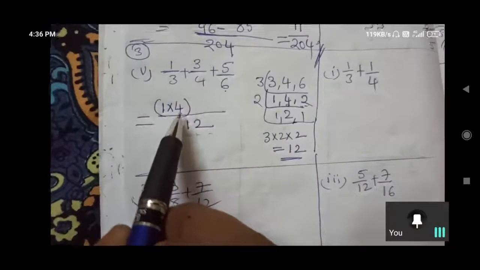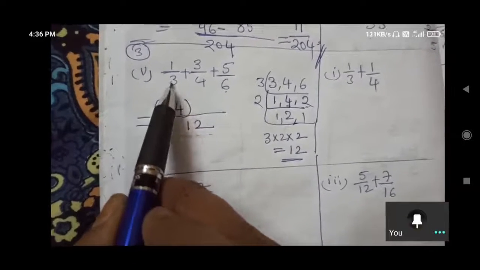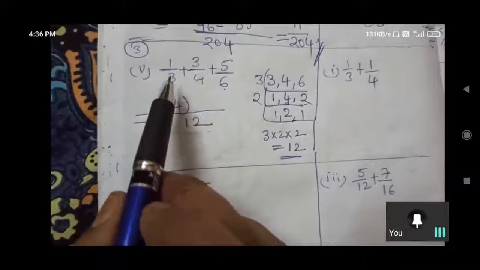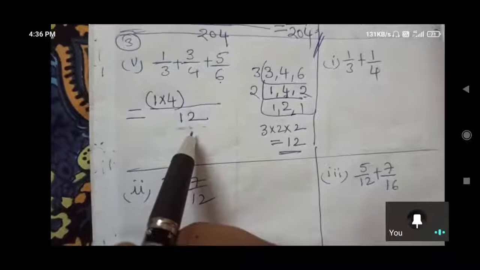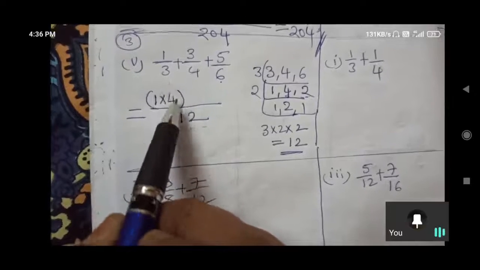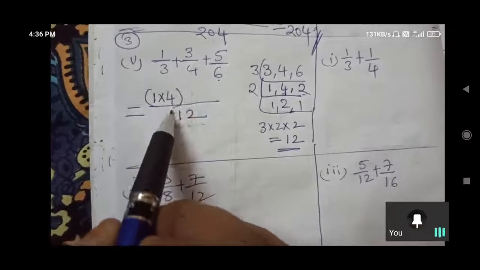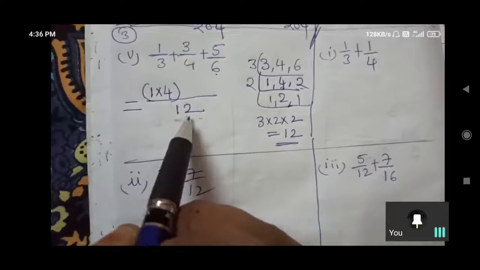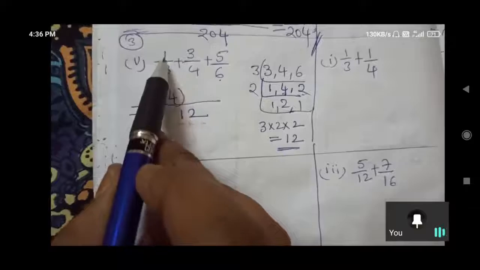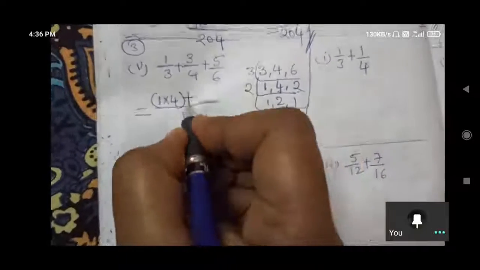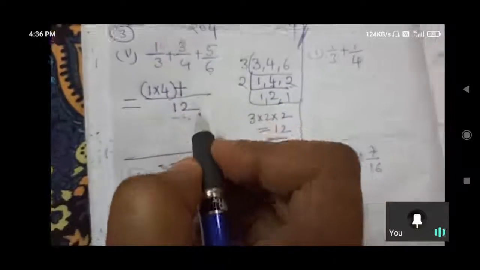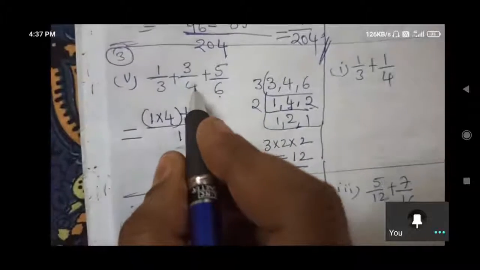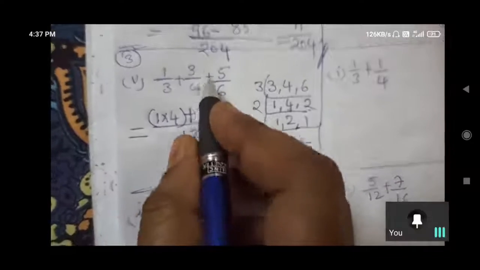Why I should multiply with 4? 3 should multiply with 4 to get 12. ఎంతతో మల్టిప్లై చేస్తే 12 వస్తుందో దాన్ని న్యూమరేటర్ లో మల్టిప్లై చేయాలి. Plus 4, we need to get 12, means we need to multiply with 3. Yes, 4 3s are 12. So 3 we should multiply in the numerator part.